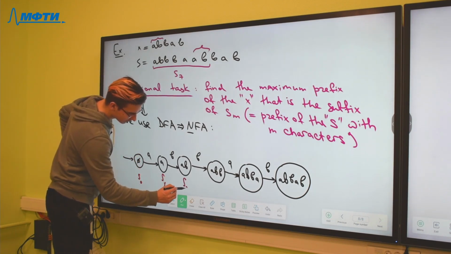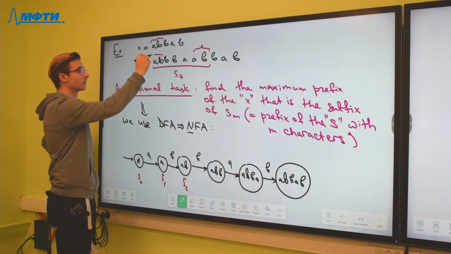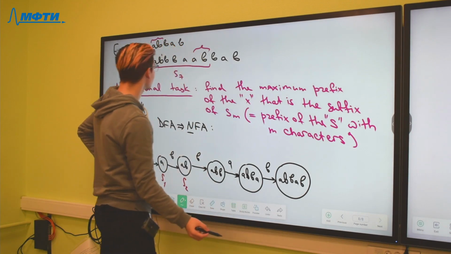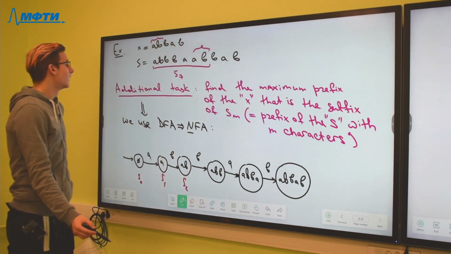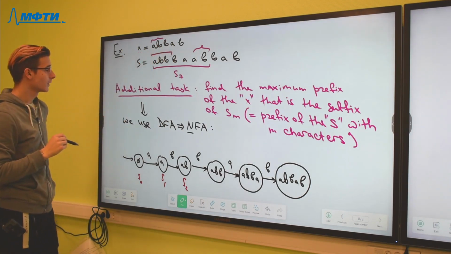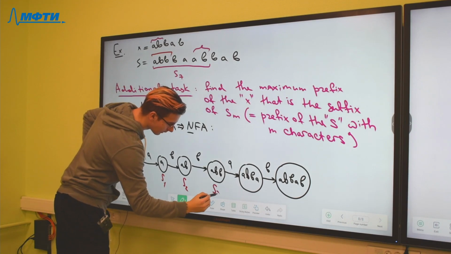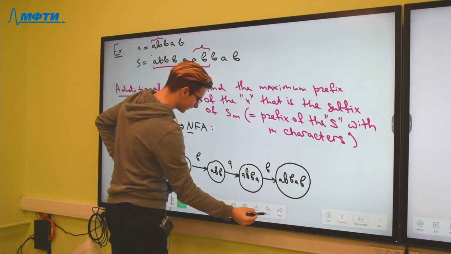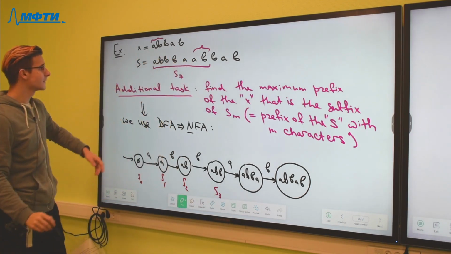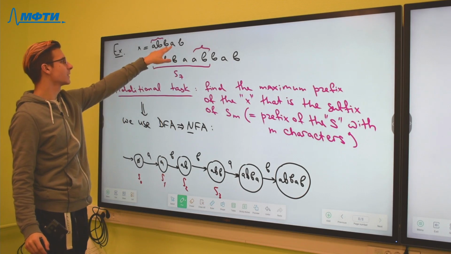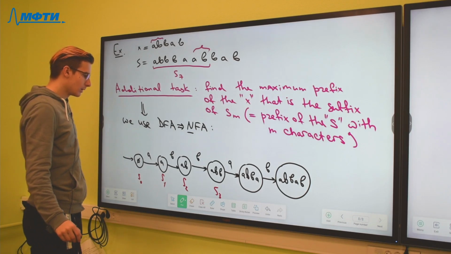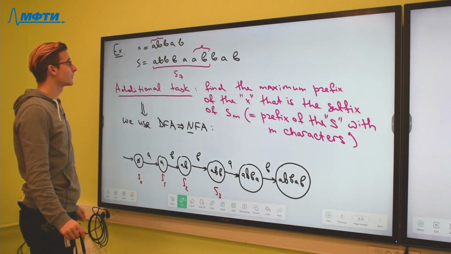and we repeat it for S2, for this prefix of the S. And we repeat it for the third prefix, ABB. But then we see that the next character is not equal to A. And it is interesting to understand what we need to do.